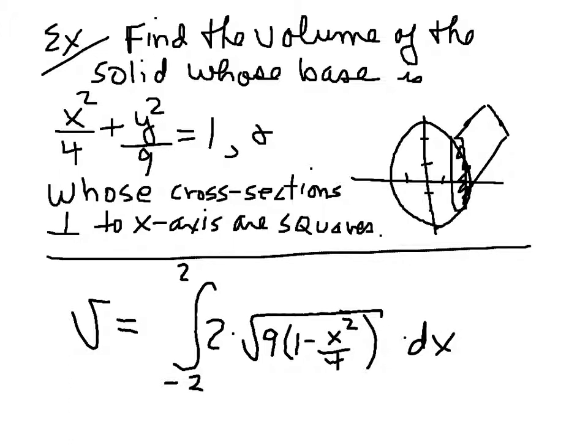And that's it. So as long as we know what the base is and what a cross-section looks like, these usually are fairly easy to handle. So my bad, this expression right here is just giving you one side. And so to get the area of the square, I need to take this and square it. So that's the way that should look.